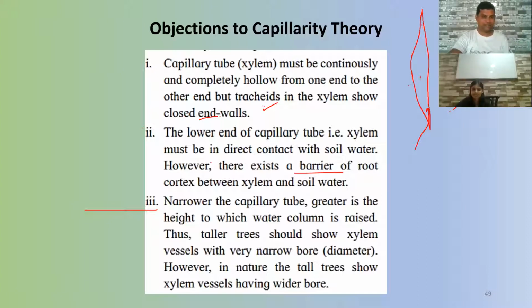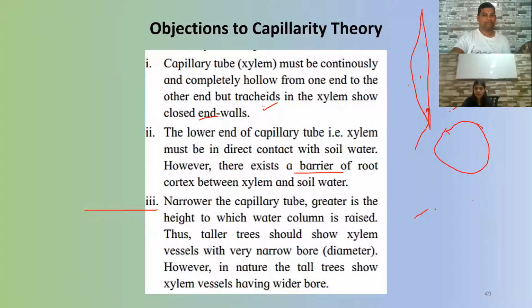Capillary tube जितना नैरो होगा उतना ज्यादा पानी ऊंचाई तक जाएगा. जितना पतला होगा, उतना पानी ज्यादा ऊपर तक जाएगा. If you imagine very tall trees, उनका अगर हम xylem vessel देखेंगे, especially in a cross section, you will see that the xylem vessels are broad in diameter, like this.